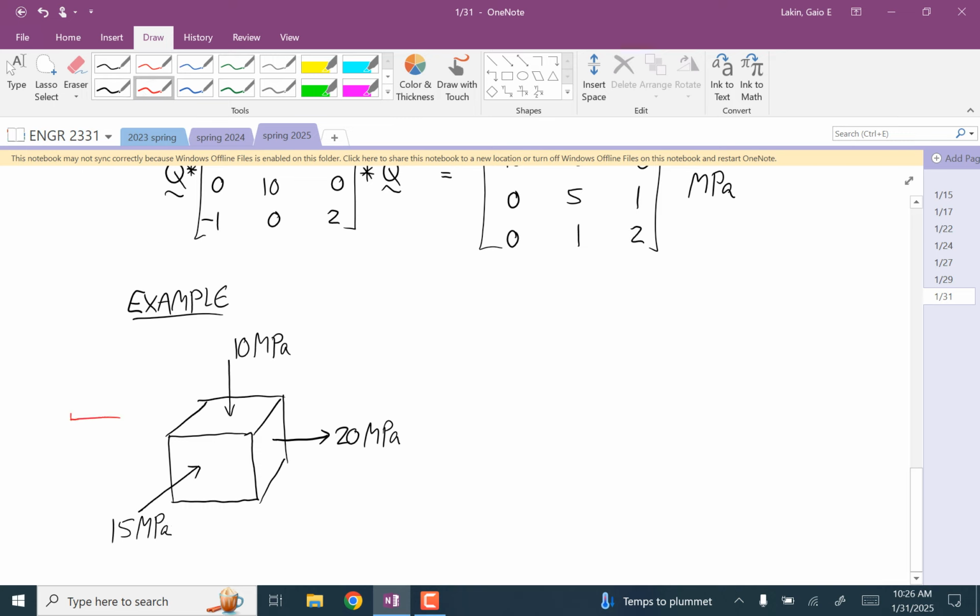And we're using our usual coordinate system. And we want to rotate the coordinate system counterclockwise 45 degrees about the z-axis.